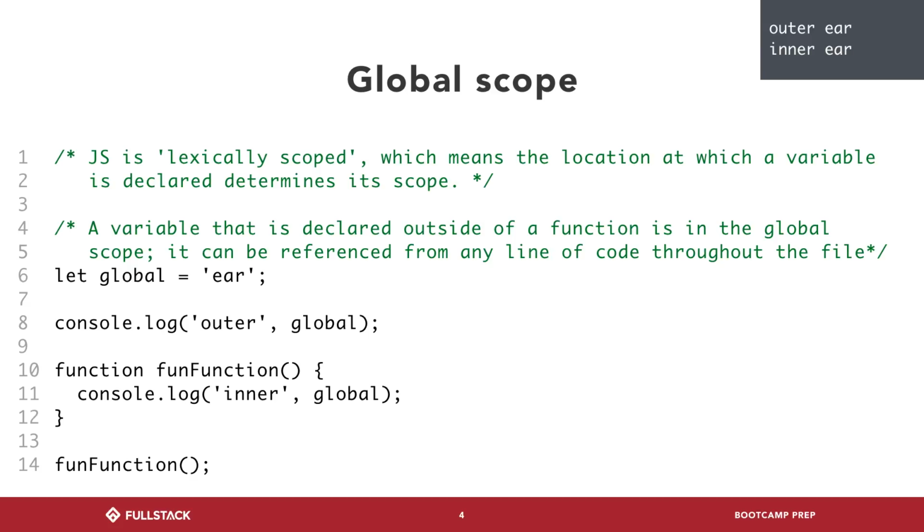I can access a global variable on line 8. And if I create a function, within that function scope, I can still access this global variable called year. In fact, I can access this global variable from anywhere, because it is on the outermost layer, so everyone has access to it.